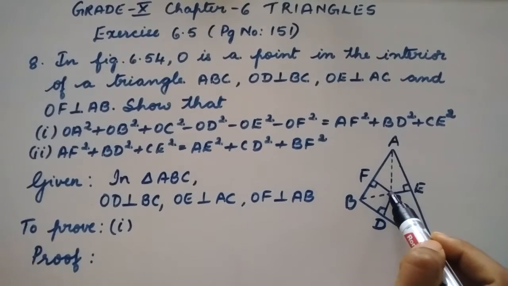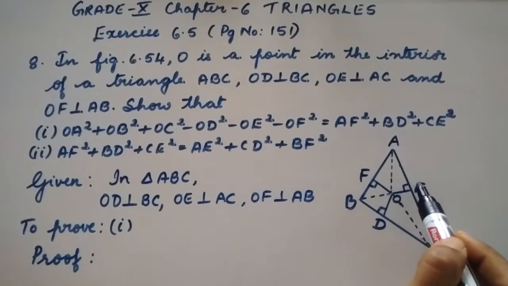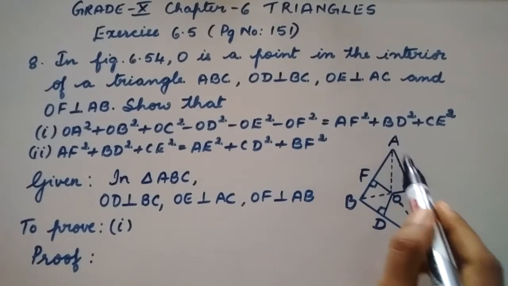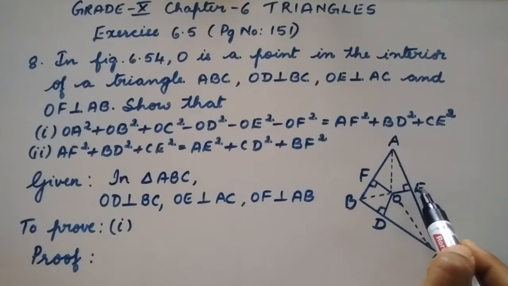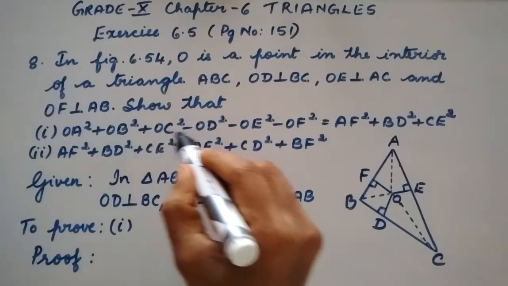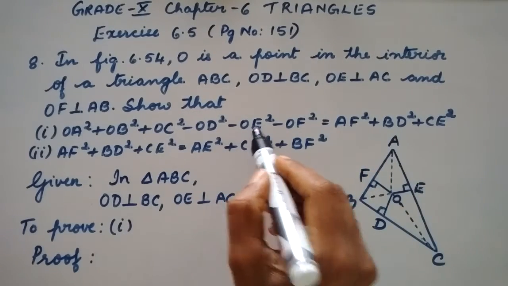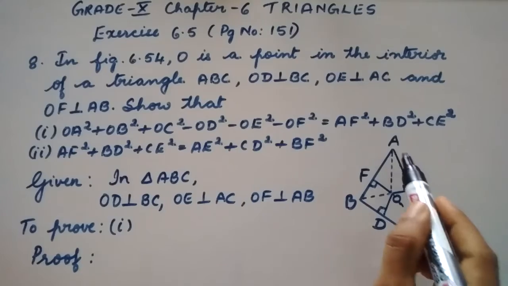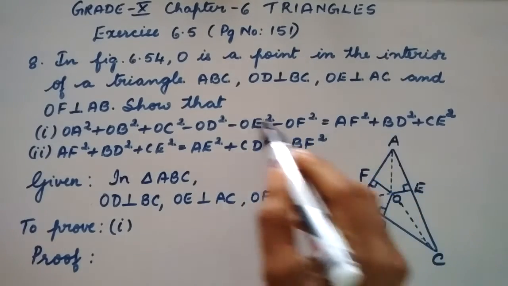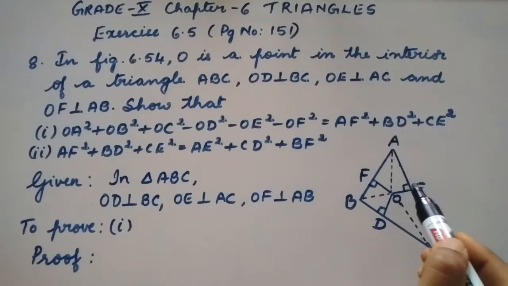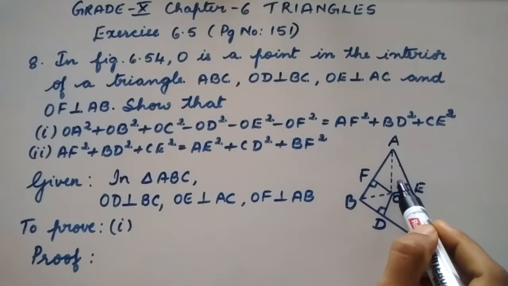So AO will be the hypotenuse and the other sides are AE and OE. So do we find AE here? No. OE, only OE we find it here, but we don't find AE here. So we cannot consider this triangle.